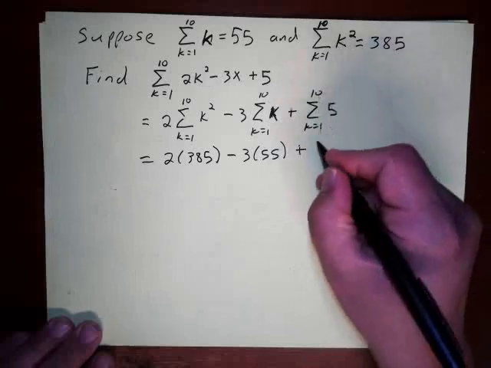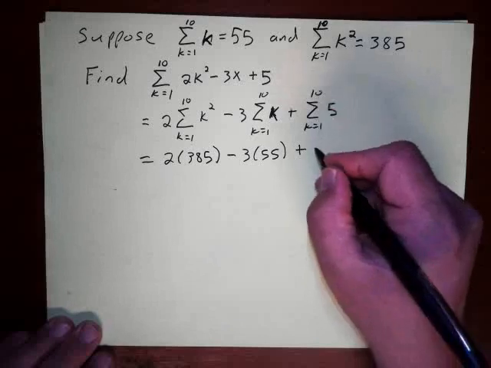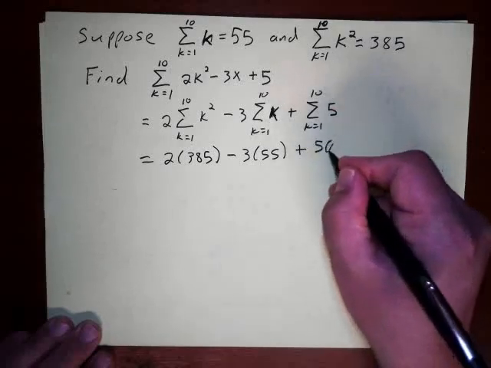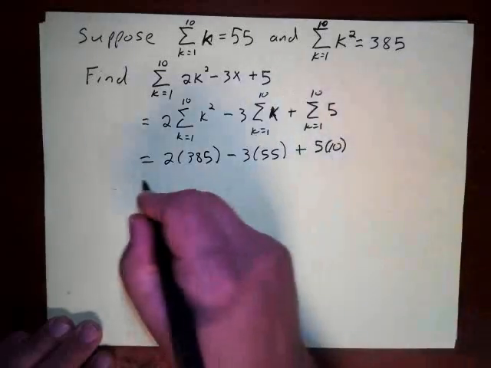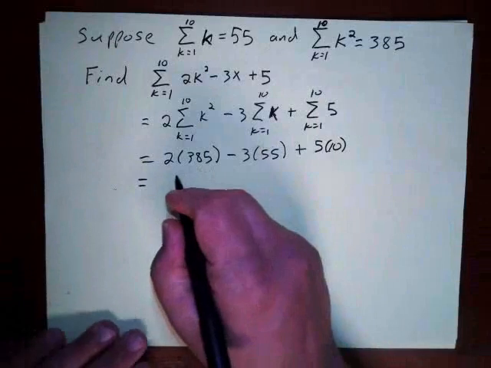The sum from 1 to 10 of 5. There's n terms here, so you would have 5 times 10, or 10 times 5. I could probably do this in my head.